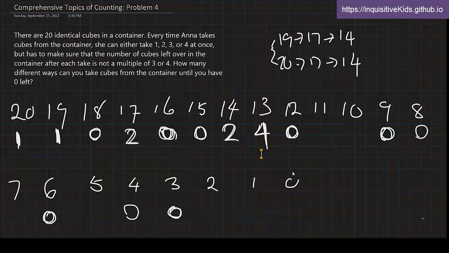So 13 has four and 11 has six, because 2 plus 4 is 6. Now 10 has 12, because you can reach 10 by subtracting 4 from 14, 3 from 13, or 1 from 11. Add 2, 4 and 6, which is 12.